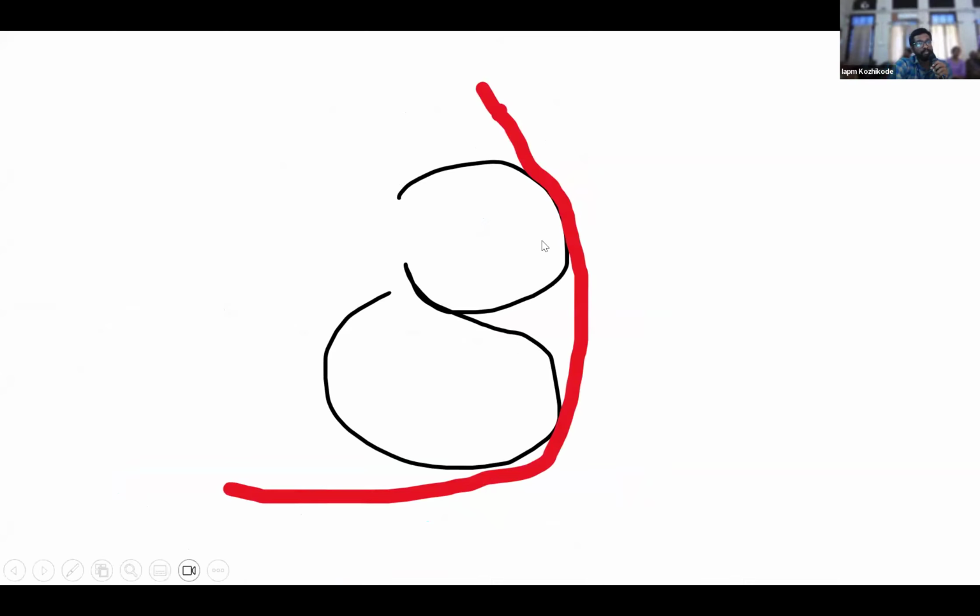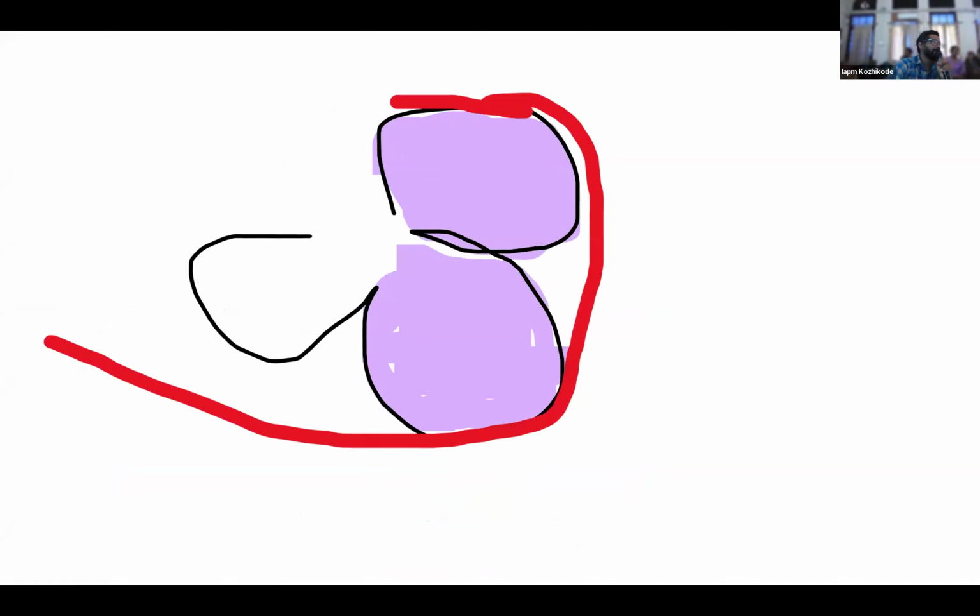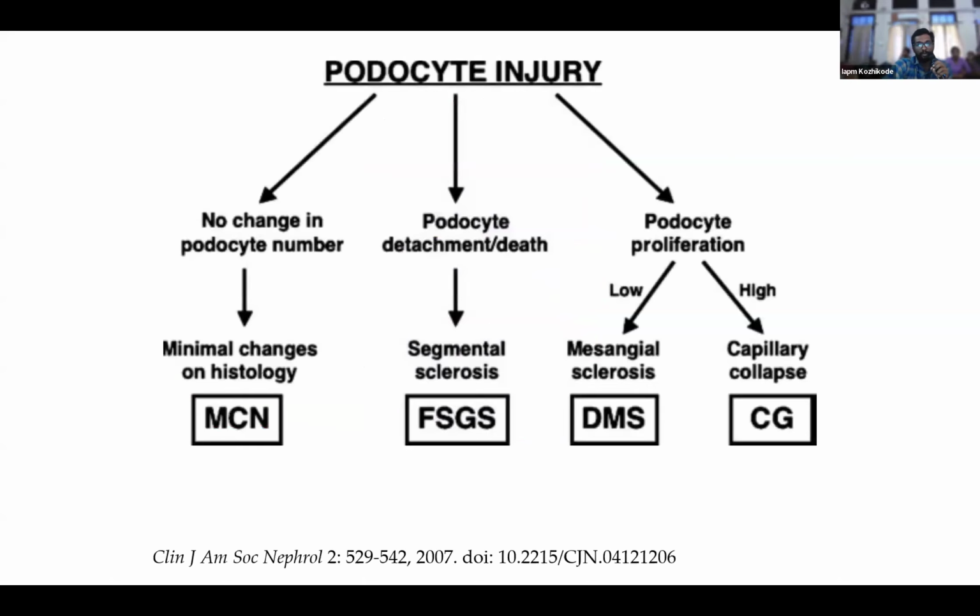When the surface is gone, the two things will stick together, and this area becomes functionally useless. Whichever area in the body is functionally useless, the body is going to do cementing work there. It will put a lot of collagen there. The area is sclerosed. So this is the end product and result of this chronic injury to the podocytes.